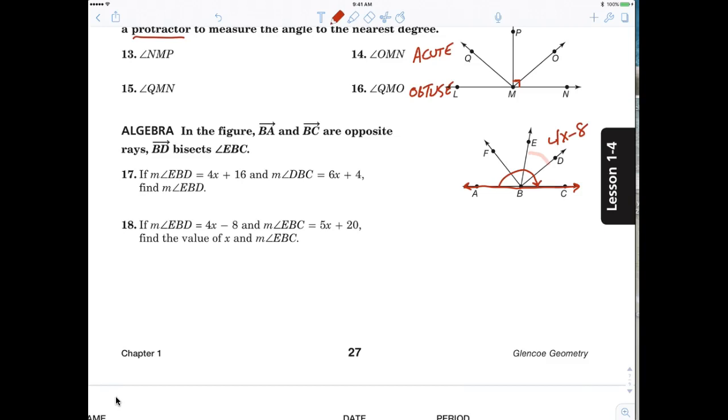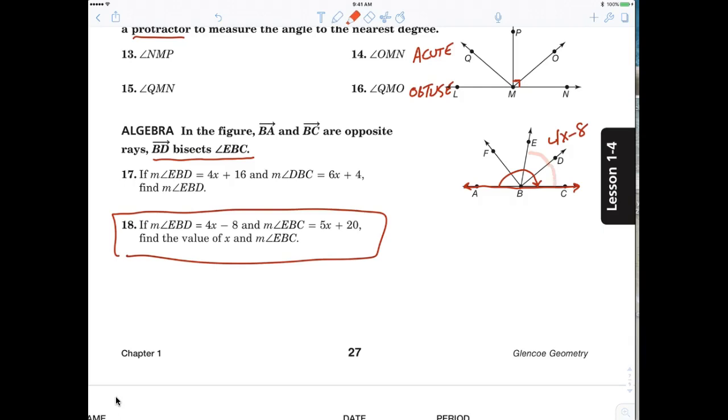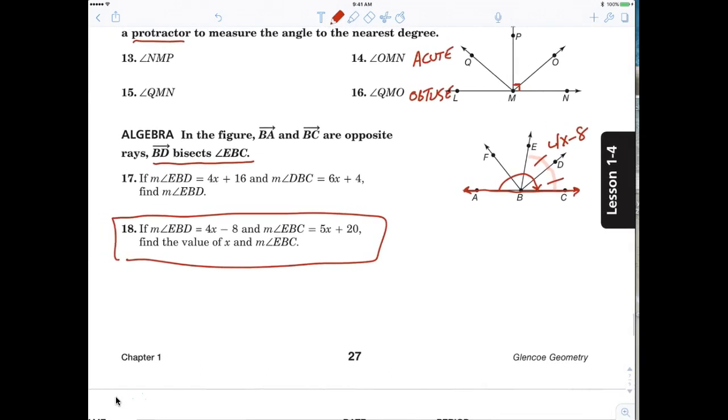And the other thing I got distracted on here was this word right here. BD bisects. What do you think bisect means? Yeah. Cuts it in half. So BD bisects EBC, which means these are congruent. So if EBD is 4x minus 8, what is DBC? 4x minus 8 also. So we could put 4x minus 8.